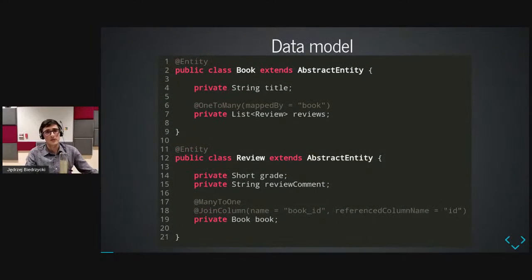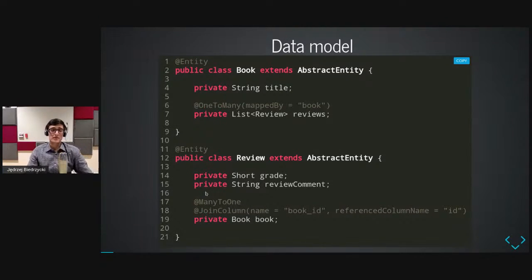To understand this, we need to go back to our mapping. You can see those two entities here, and we should remember that in JPA, the standard is that every to-many mapping, so one-to-many and many-to-many, is fetched lazily from the database. And every to-one mapping, many-to-one and one-to-one, is fetched eagerly.